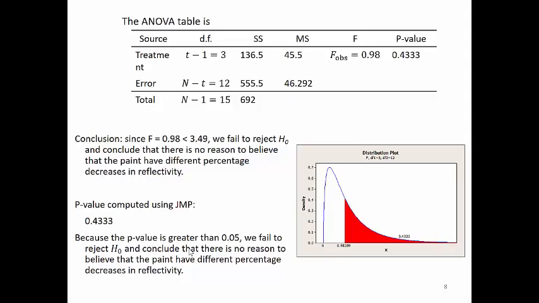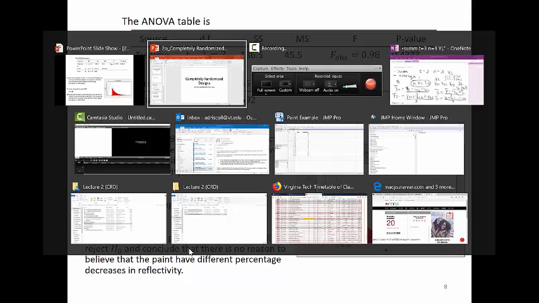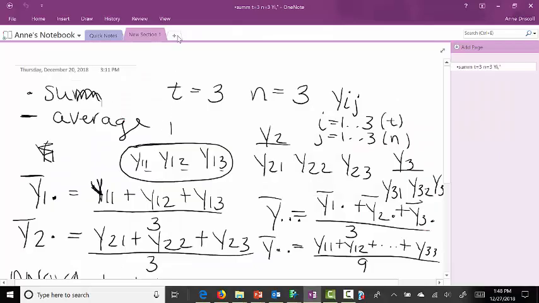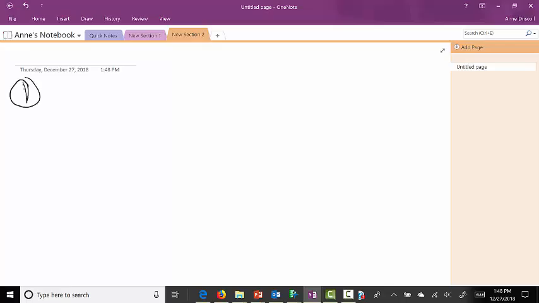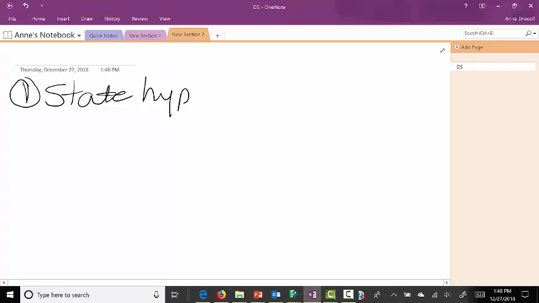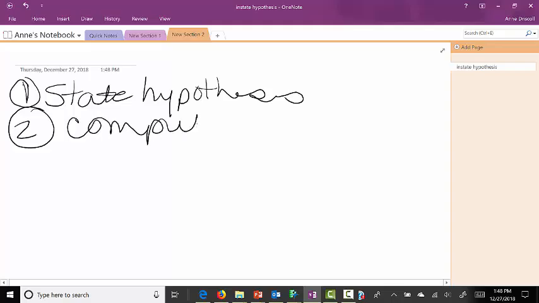So just to summarize, the first step is to state your hypotheses. The next step is to compute your F-stat and p-value.